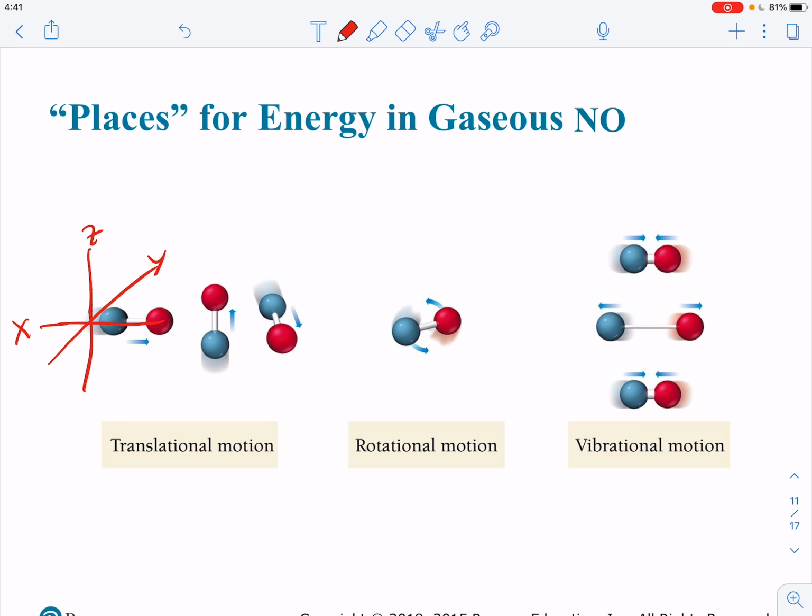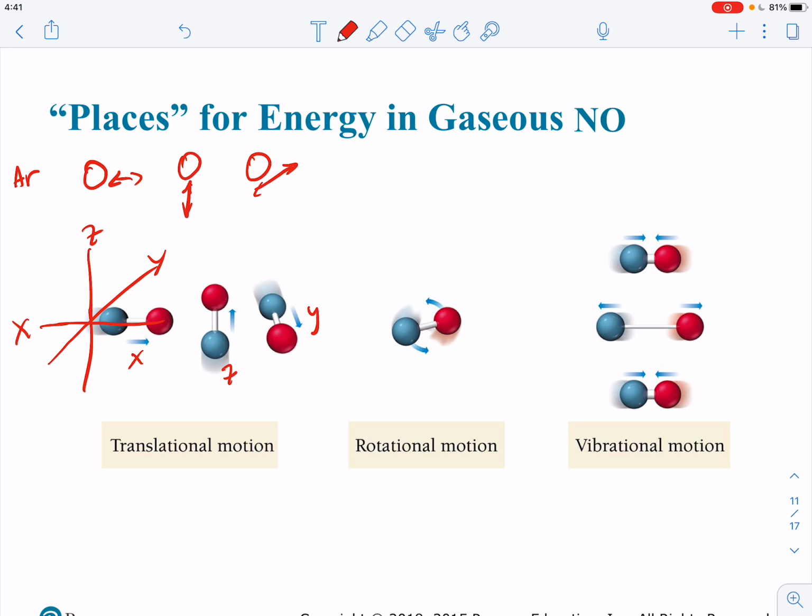Okay, so in this case it's moving along X, in this case it's moving along Z, and this one is moving along Y. It doesn't really matter. The point is it can move in different directions, and if you're moving in different directions, then you can assume that as a different microstate. The argon can also do that. The argon atom can move in that direction, can move in that direction, or can move in that direction. So in those terms, it could be the same.